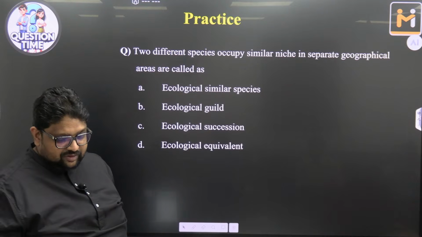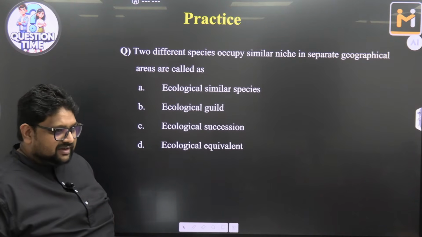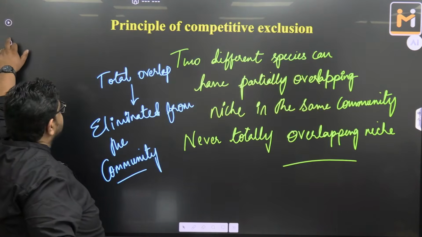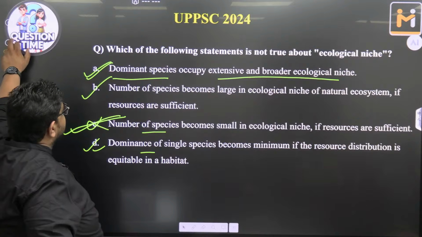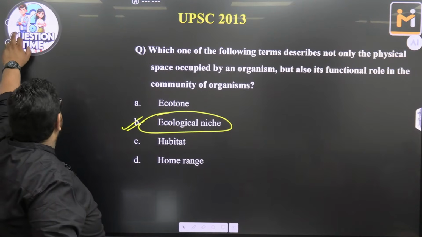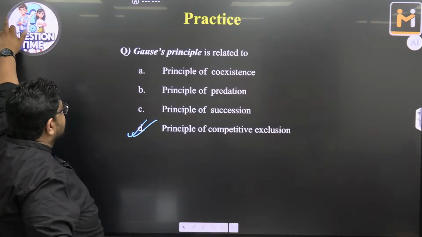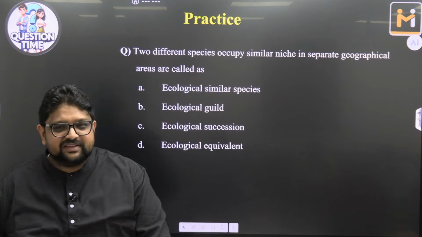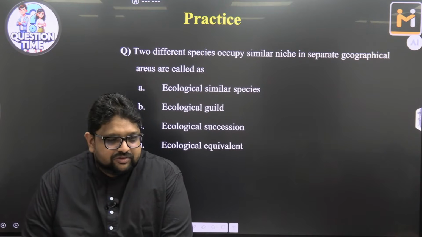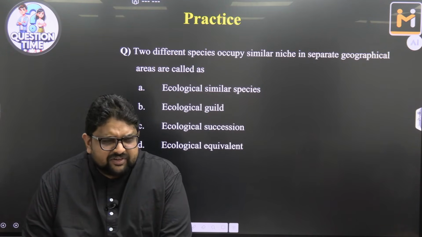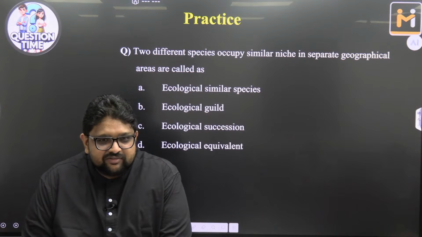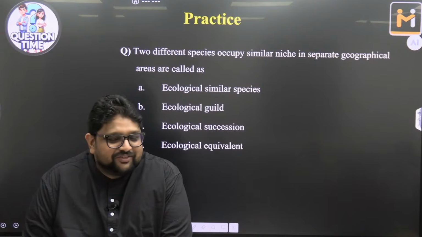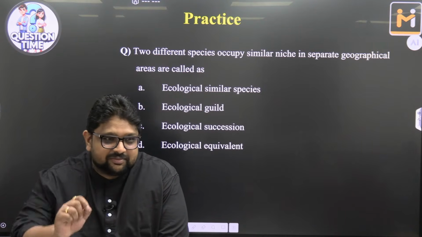The question that was asked in 2013, did you mark it in your notes that this question was asked in UPSC 2013? Next to niche, put a note and write it down. Why I am saying this is, when you revise after 60-70 years, when you take out your book for revision, now if you go home and revise, you will come to know this question came.